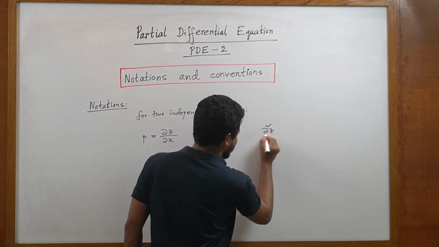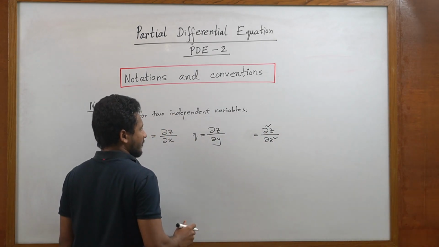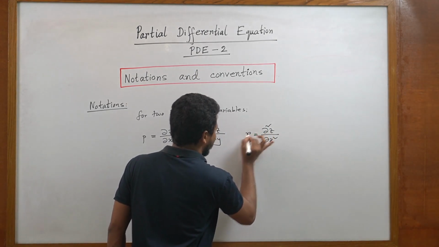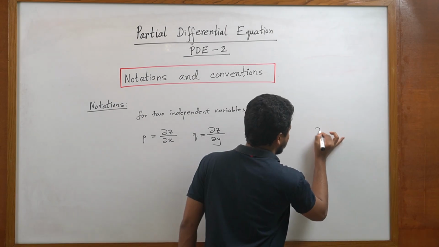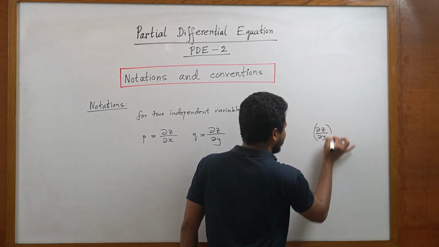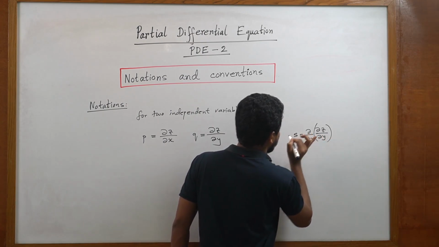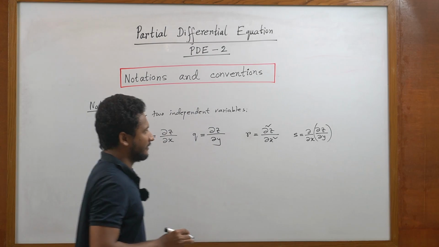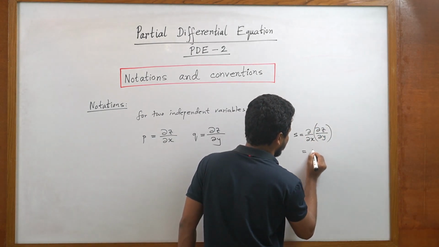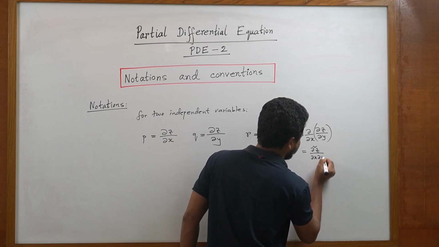Okay, the partial derivative of z, in fact the second derivative with respect to x, will be called r. The partial derivative of z with respect to y, then of x, will be regarded as s. This term we can write in this way.